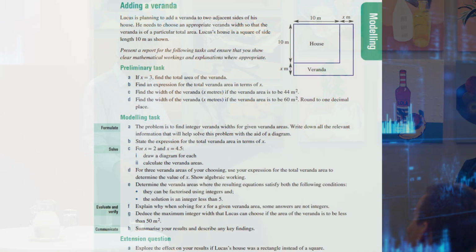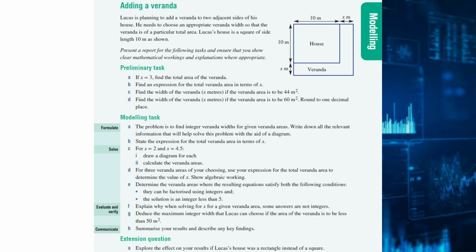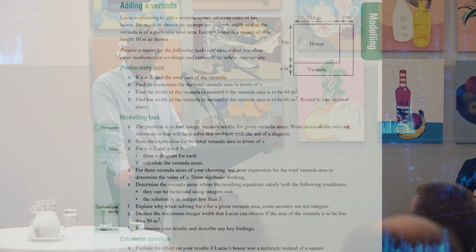And this is a slightly shorter looking example for Year 10, where students were to model the situation where someone was going to extend a house, for example, with a veranda of X width, with a preliminary task where students are just playing around with a couple of numbers and exploring the area of the house and the veranda. Then to formulate, they would need to set up an expression for the area of the veranda.